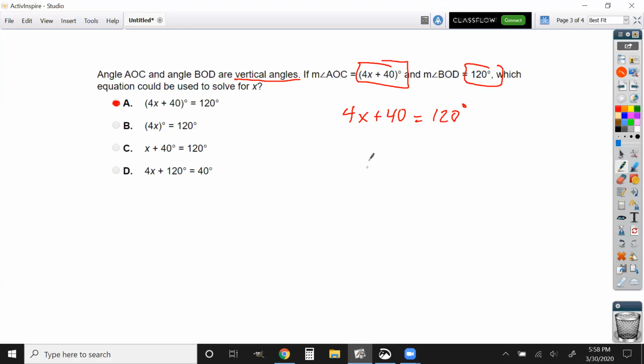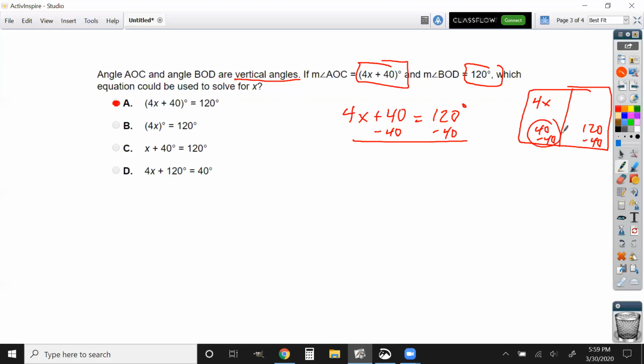If they ask you to solve for x, let's think about our math that we learned a while back. Let's take a quick review of that. So if we had 4x and we have a 40 and we have 120, can I remove any x's from both sides? Hopefully your answer was no. But I can subtract 40 to get it away from the 4x. If you put a negative 40 here and a negative 40 here, you've created a zero pair that you could throw out. So 4x is going to equal 80.